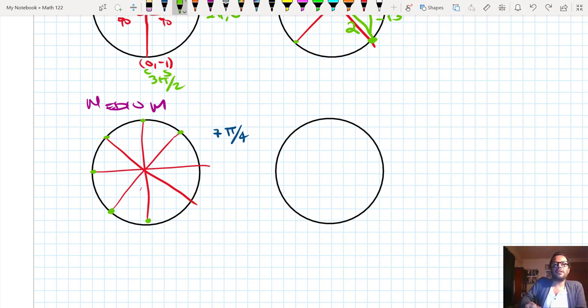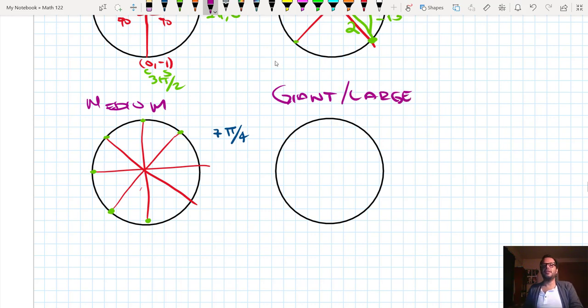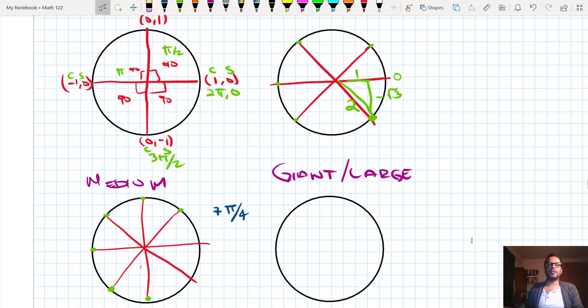Now, what about the other pizza? The other pizza would be the giant pizza or large pizza. How many slices is the large pizza going to have? 12 in this case, right?